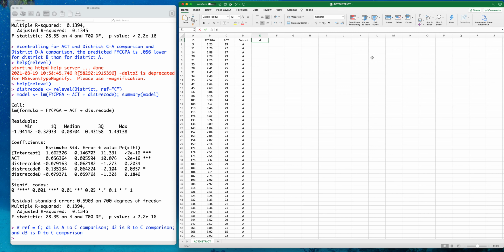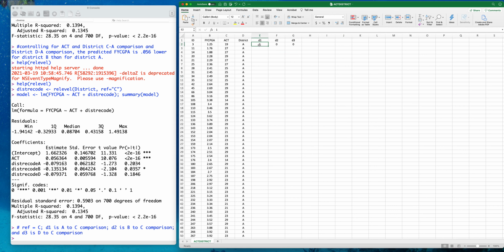So I need my first dummy variable, second dummy variable, my third dummy variable. So every place that I see an A to C comparison, since dummy 1 is the A to C comparison, when I see an A, I need a 1 in the D1, and I need zeros in the D2 and D3.